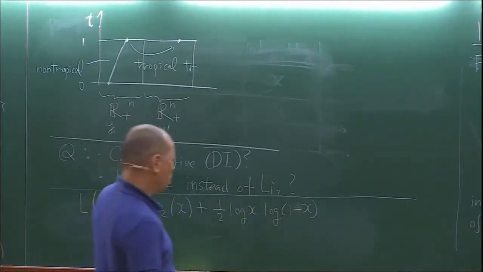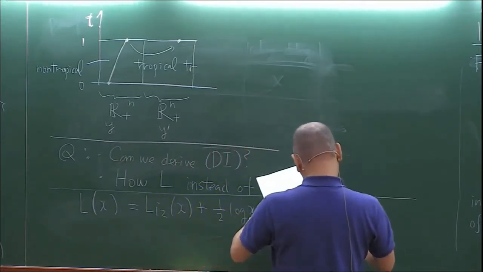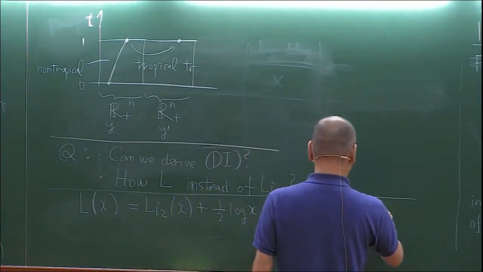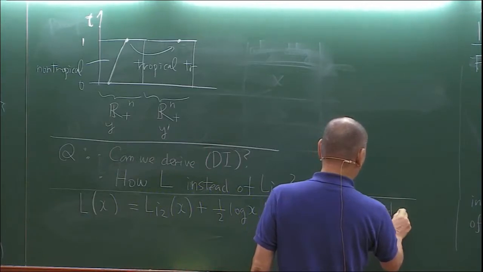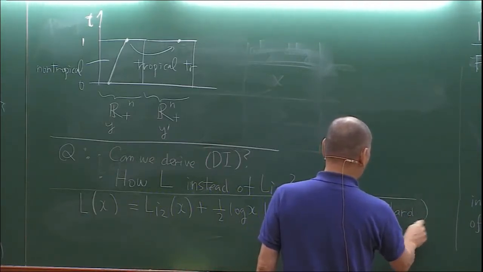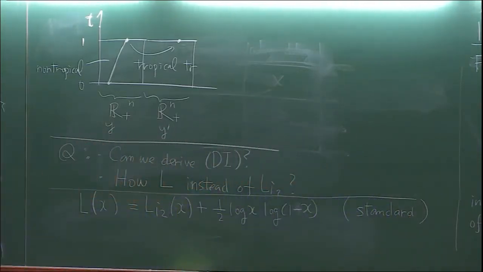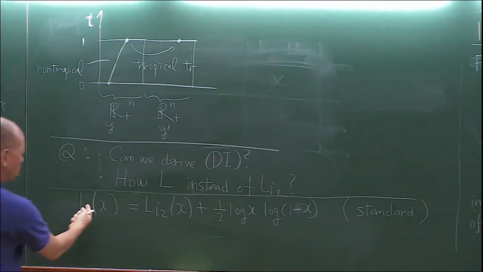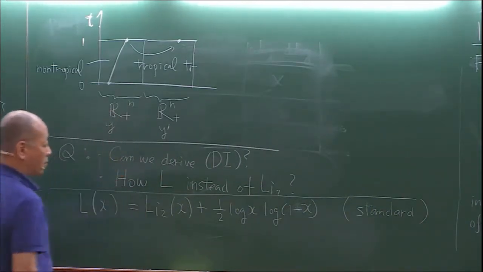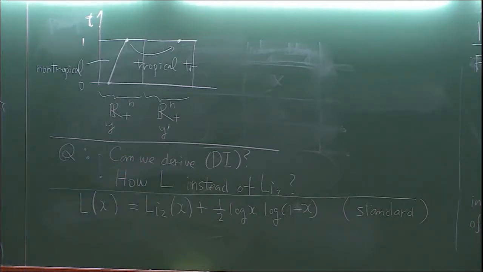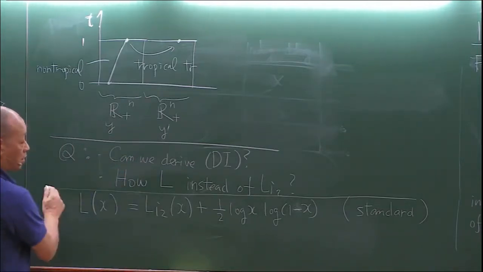And this is a well-known standard one. You can see it in every textbook or Wikipedia, whatever. You will find this relation between the two functions. But this is not a good one, I would say.